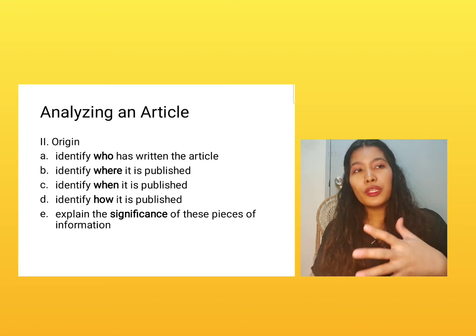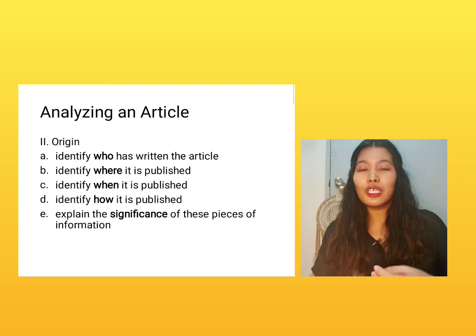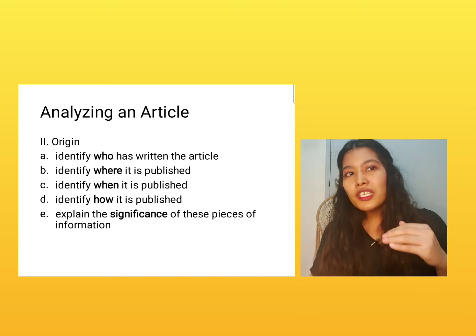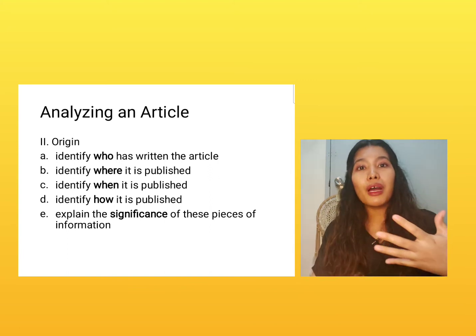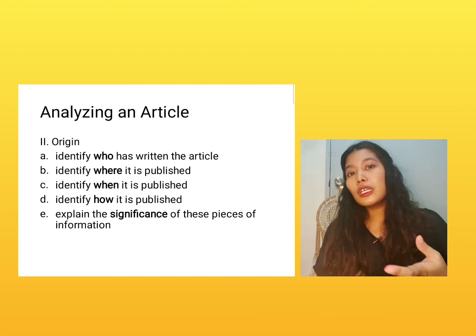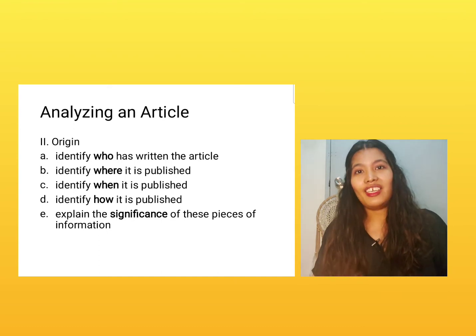The why is when you explain the significance of these pieces of information. Actually, all of these pieces of information tell us something important about the article. It tells us something about the history of the writer, the historicity of the article, the ideology of the article.